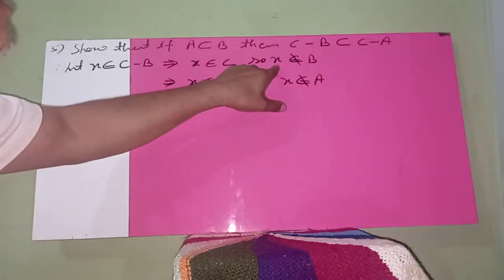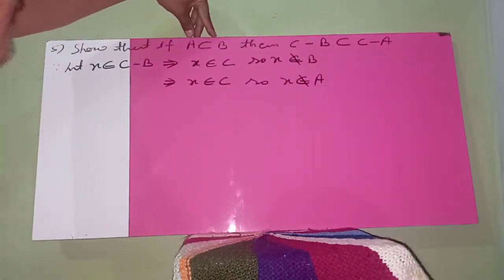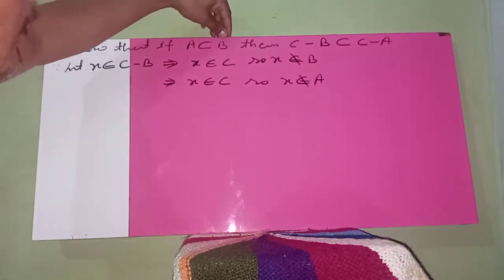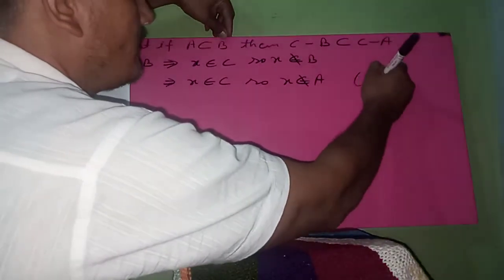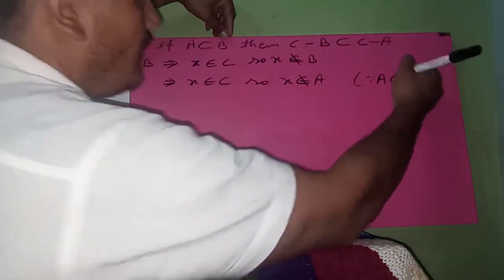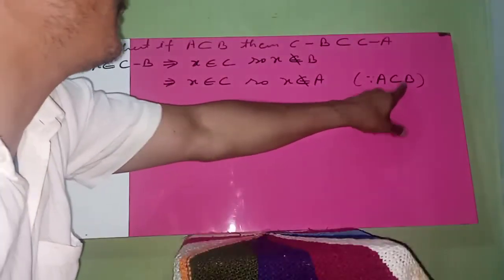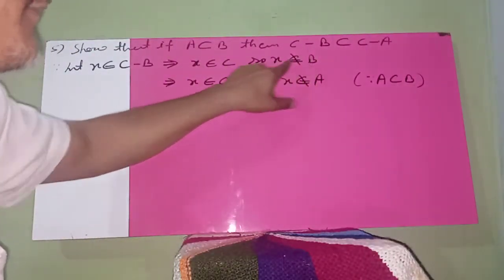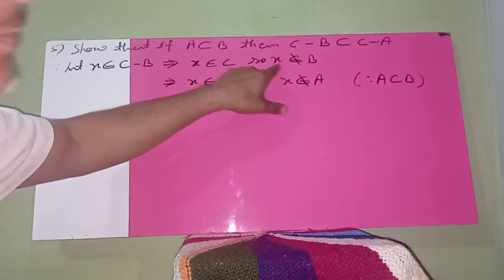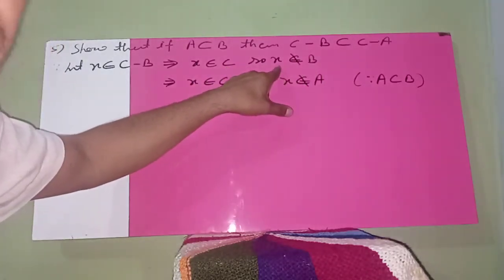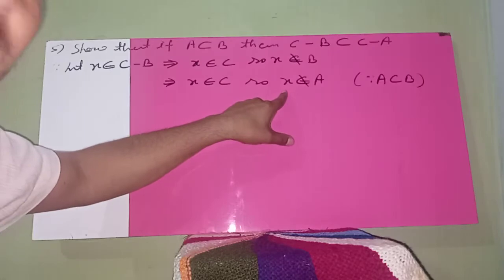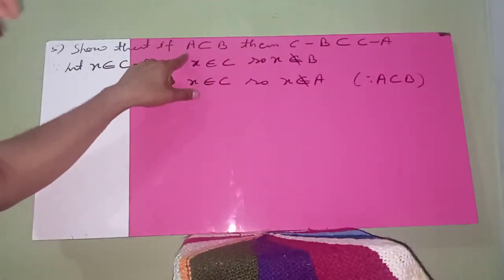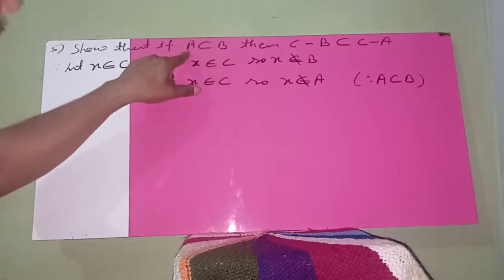Because in the first line you say that A is the subset of B. Because A is the subset of B, it means all the elements inside set A will be in set B. Now suppose X is not an element in set B. If X is not in set B, can it be in set A? Guess. Why? Because the question states that A is the subset of B.